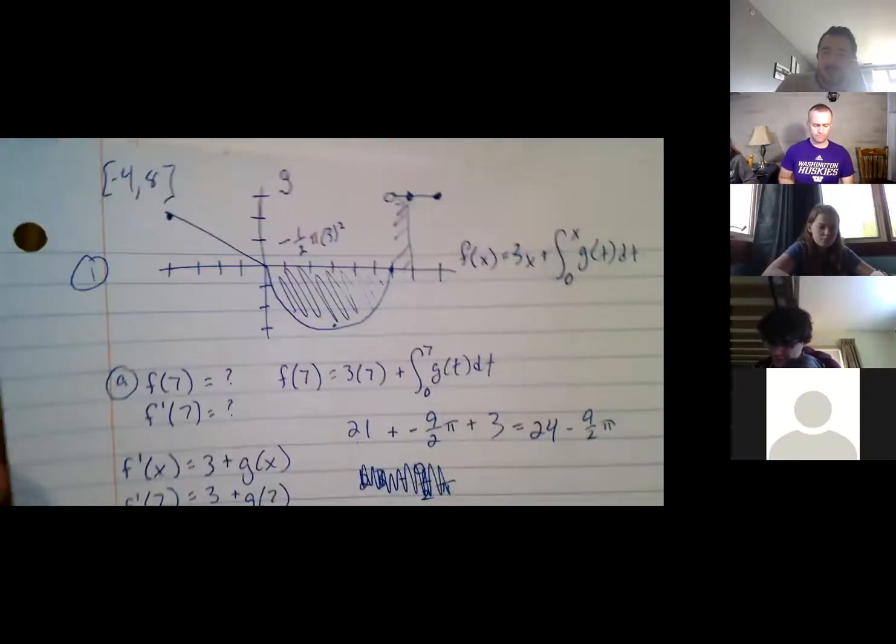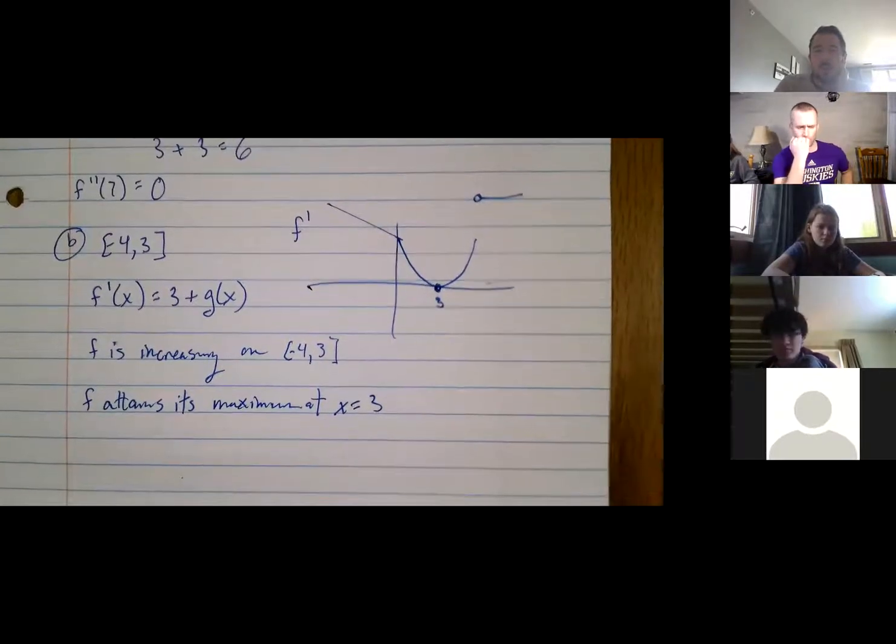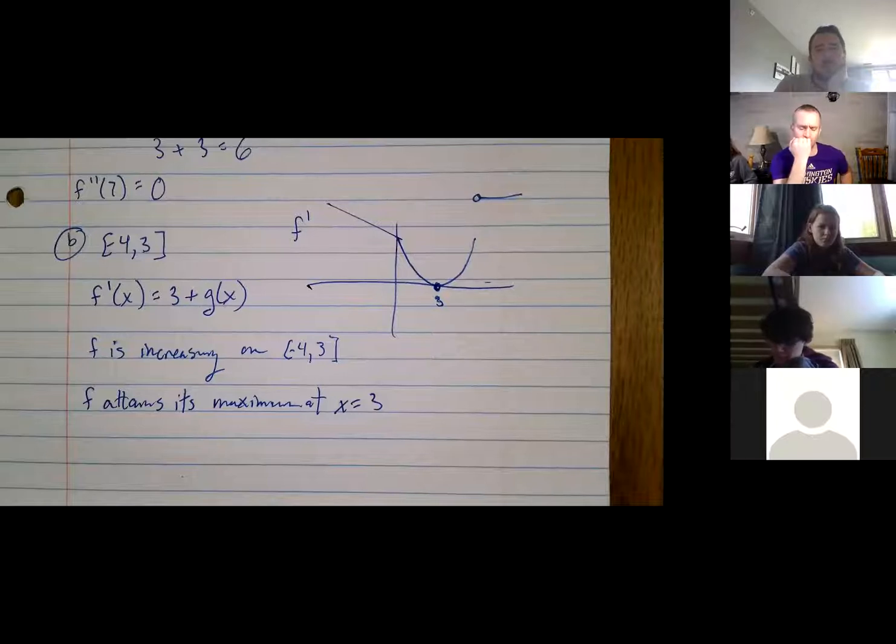Just a quick follow-up thing to point out. Bono, can you flip back to part B? Sure. And I don't know, Bono, if you had any of the people who answered like this, but keep in mind that the problem is asking at what x value. So I had a few students whose answer was like f of x equals and whatever that y value was.